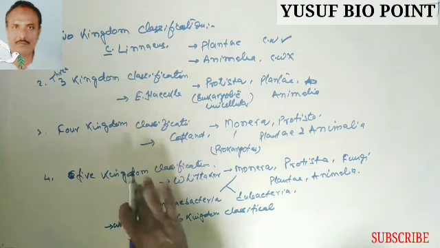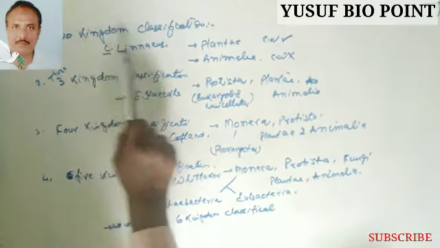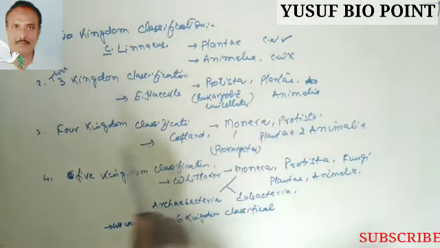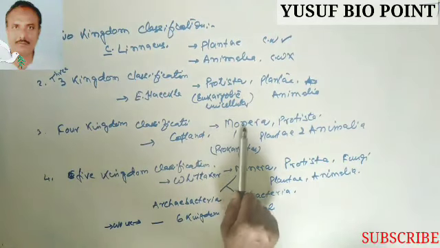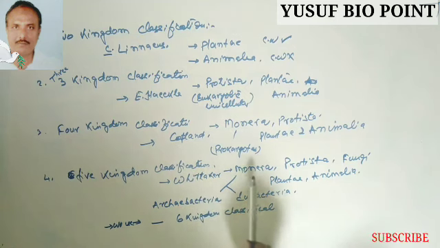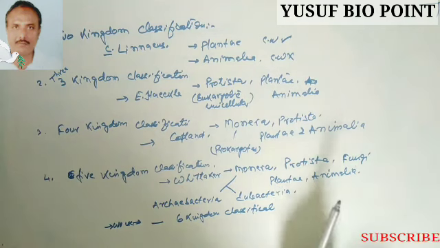But we follow the five kingdom, not this. So in that way, 2 kingdom: Plantae, Animalia; 3 kingdom: Protista, Plantae, Animalia; 4 kingdom given by Copeland: Monera, Protista, Plantae, and Animalia; and 5 kingdom given by Whittaker in 1959: Monera, Protista, fungi, Plantae, and Animalia.